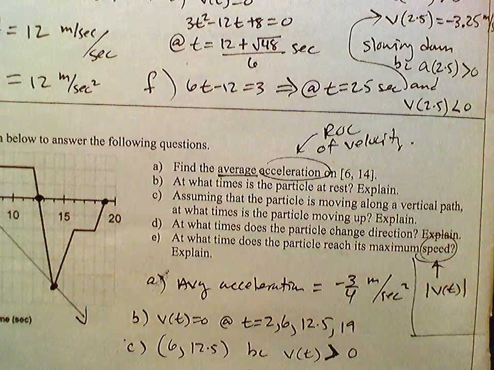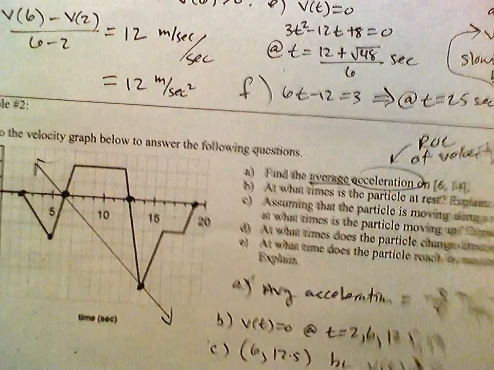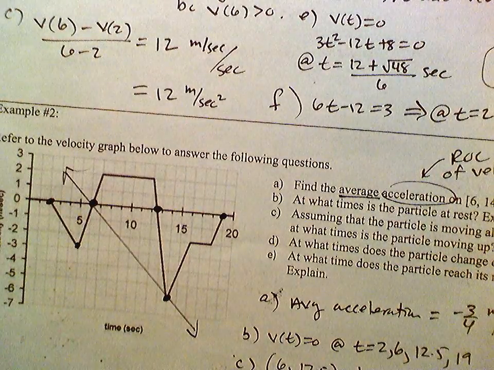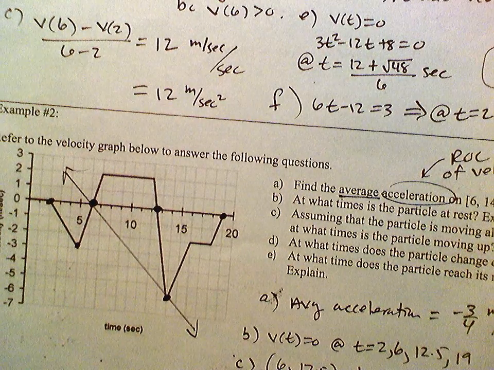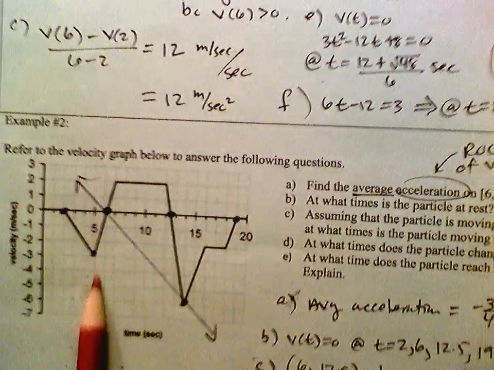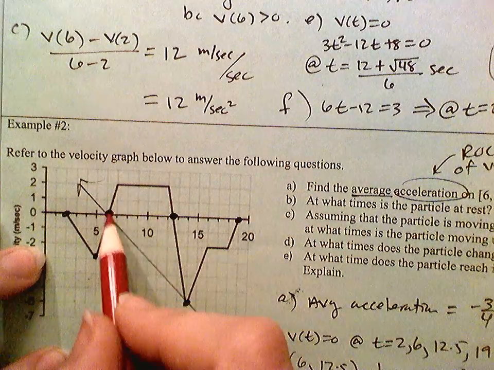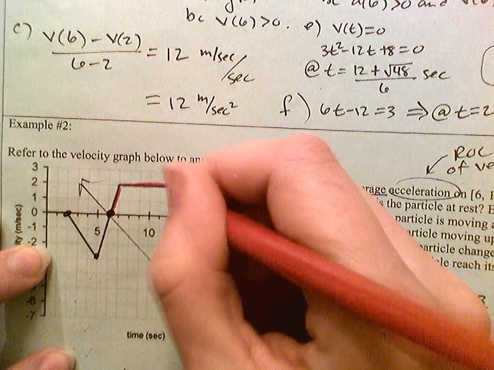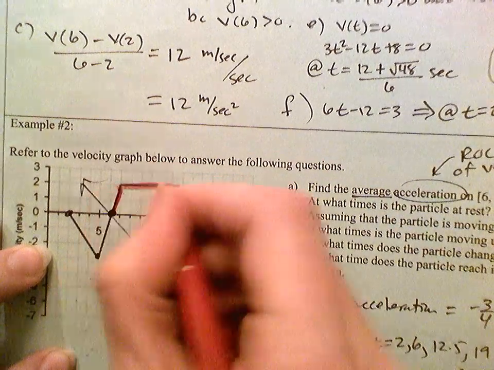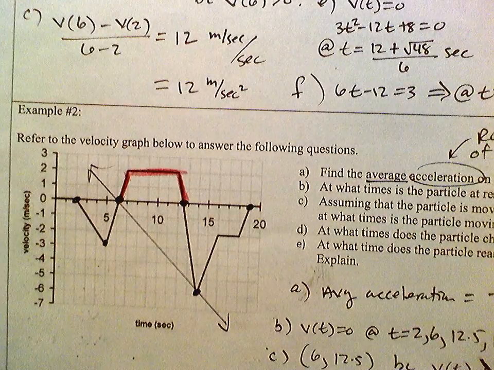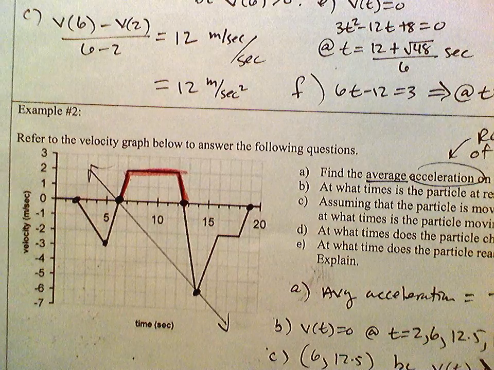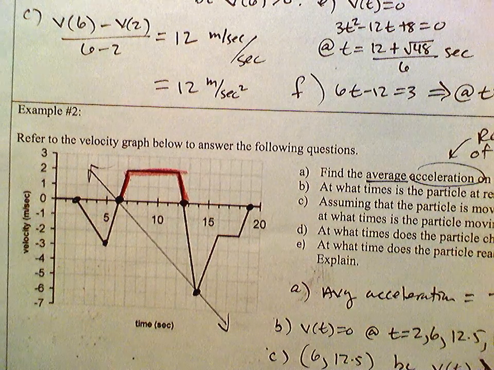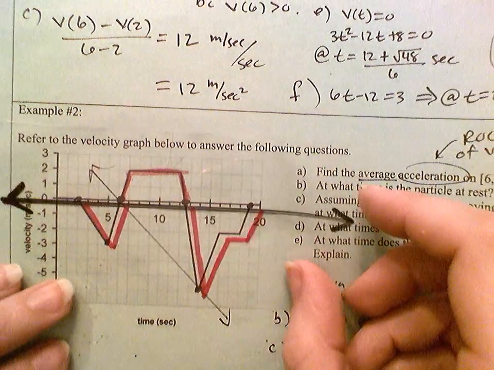To get the absolute value, this is the velocity graph. The absolute value is always positive. So to get the absolute value of this graph, I'm going to keep the positive part. I'm trying to get the speed graph from the velocity graph. I'm keeping that red part. And now watch this. I made this at school today. Here's the rest.